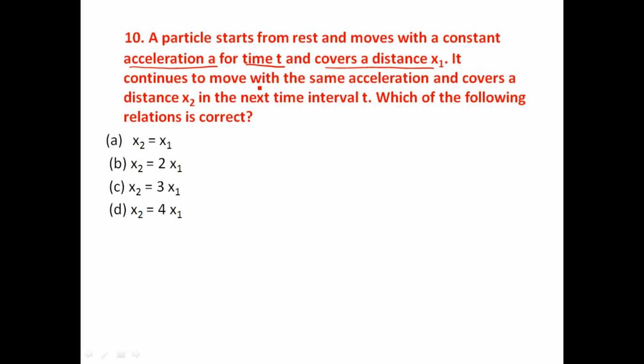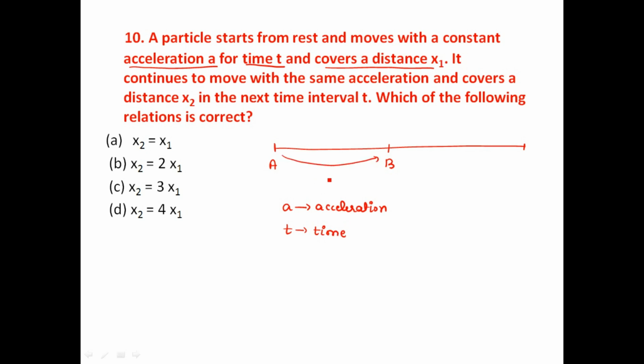Which of the following relations is correct? So we'll draw the relevant diagram for the above question. The object has started from A, it has reached B, it is moving with the acceleration a. How much time did it take? Let me say, to move from A to B, it took t seconds.